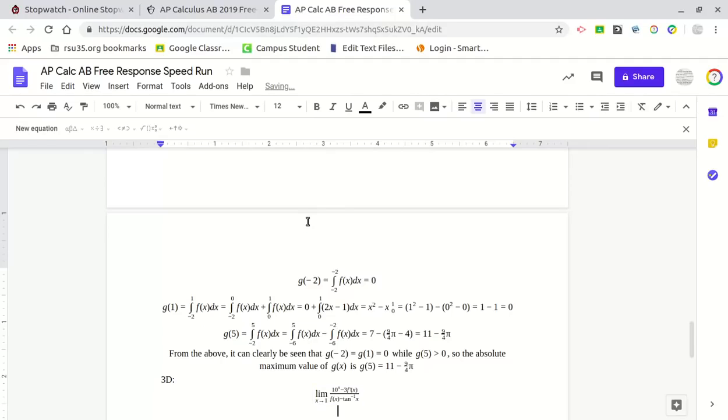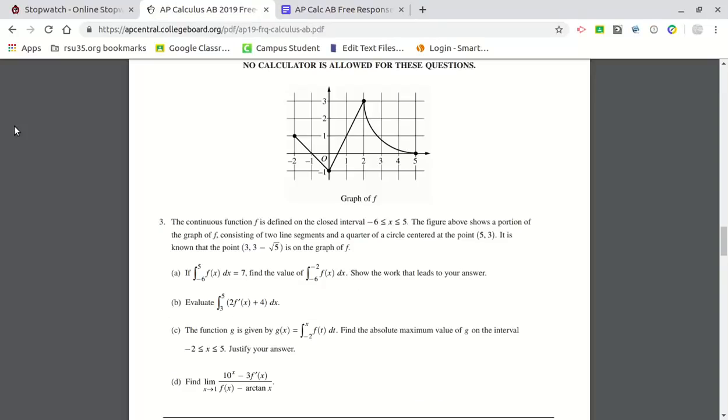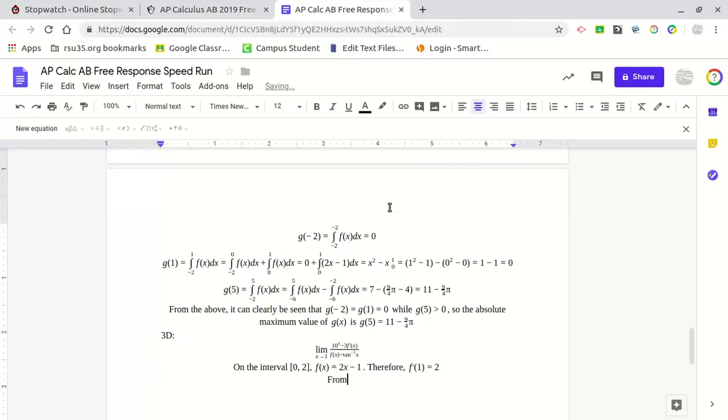On the interval 0, 2, f of x equals 2x minus 1. Therefore, f prime of 1 is 2. And then f of 1, from the graph, is 1.